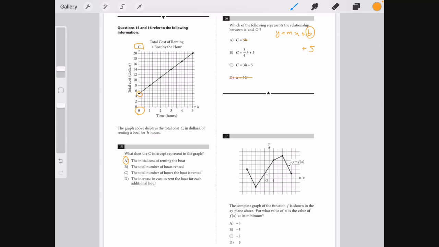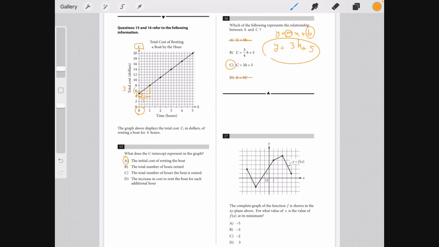So this is not the answer, this is not the answer. m is the slope, rise over run. So let's make rise over run here. Rise is 5 going to 8, rise is 3, run is 1. So it's basically 3 over 1, which is 3. So it's 3h. C is the answer.